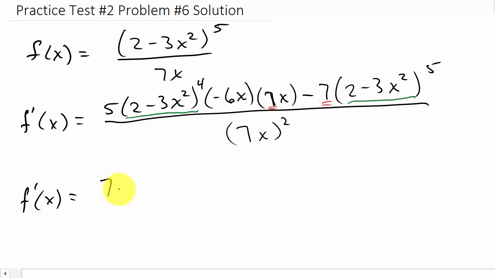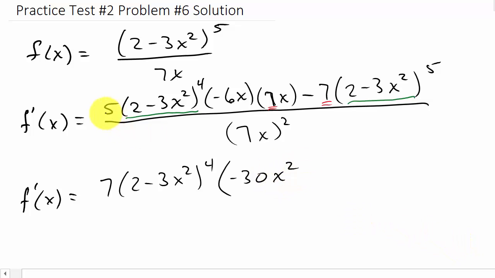So we factor out the 7, and we factor out the 2 minus 3x squared to the fourth, and that is going to leave us with, let's see, the 7's gone, so that's actually going to be negative 30x squared.